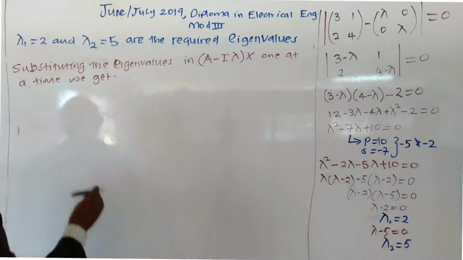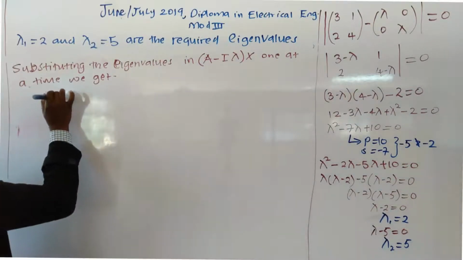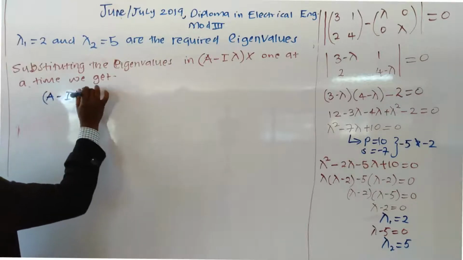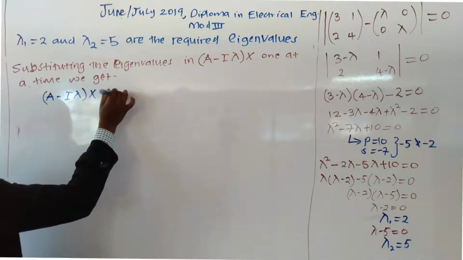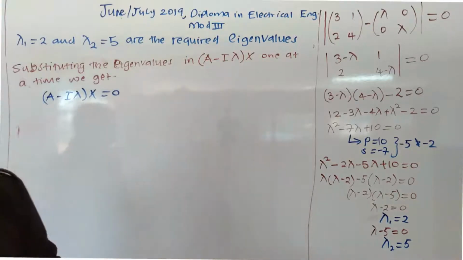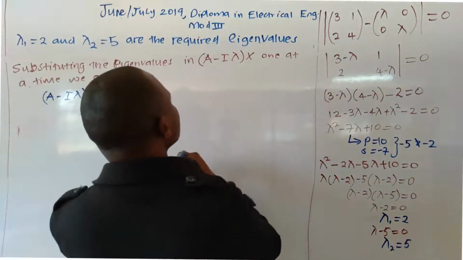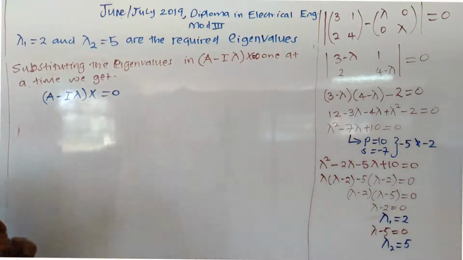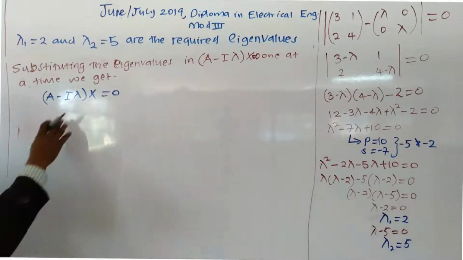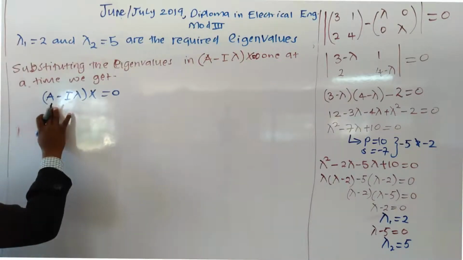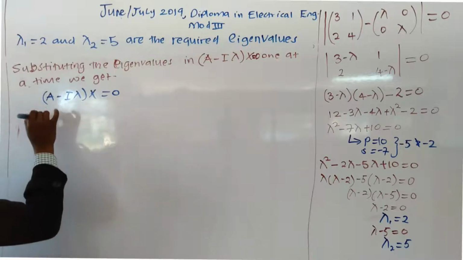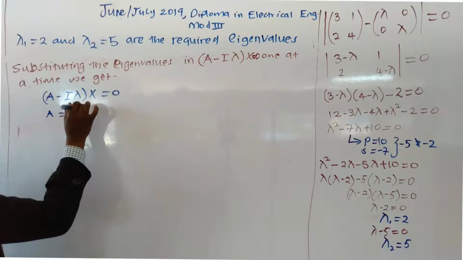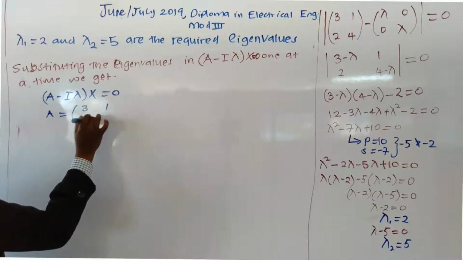So you have A minus I lambda is equal to 0. Here you ought to have equated this one with 0. So we already have a matrix A. A is a matrix 3, 1, 2, 4.